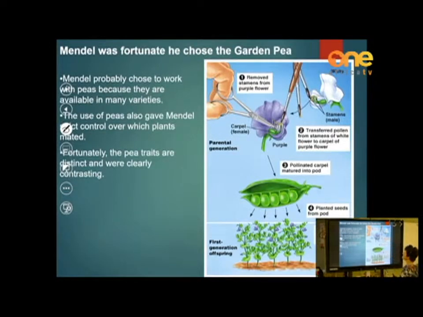Now, Mendel was very, very careful to make sure that there was no contamination.